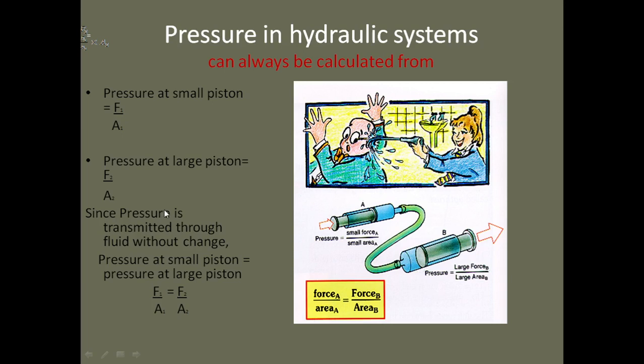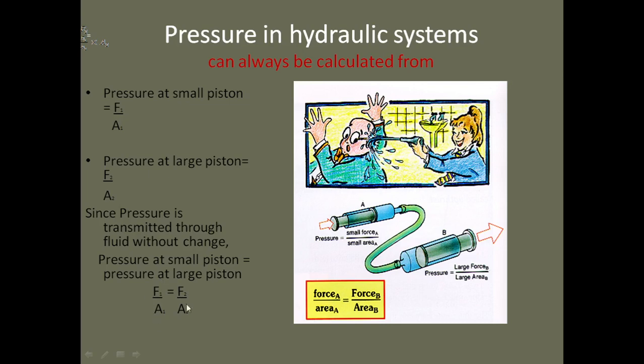Now, since the pressure transmitted is equal, without change, the pressure on this side is equal to the pressure on this side. So we can equate the two formulas: F1 over A1 equals F2 over A2, like what we have.